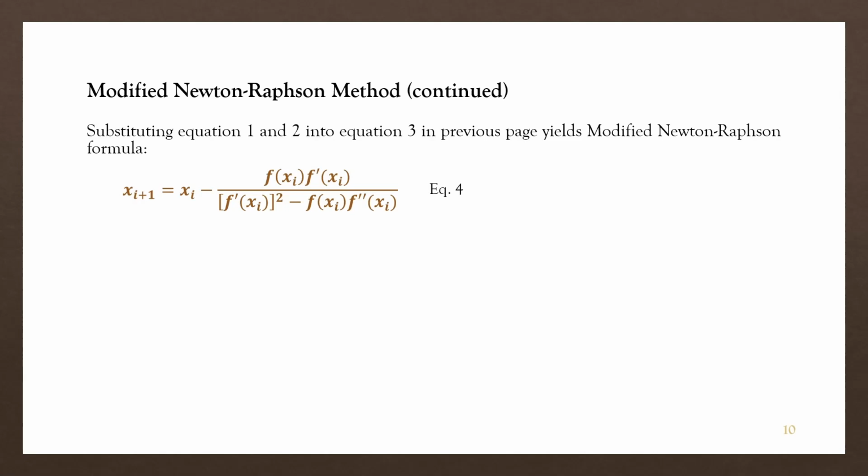And then what we do is we substitute equations 1 and 2, the g(x) and g prime(x), into the Newton-Raphson method as in equation 3.